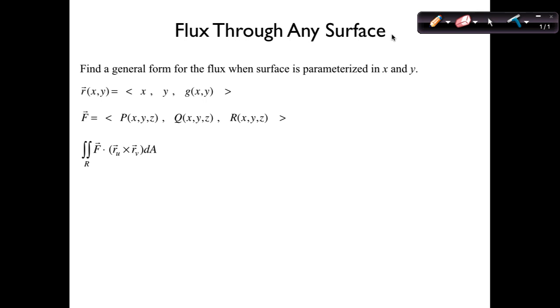Let's do some of the math in that generic case and see if we can get a version that's a little more streamlined. We expect lots of surfaces where we use x and y as the parameterization. So rather than going through the cross product every time, like in that last example, let's do it once and see if we can get a more streamlined formula.